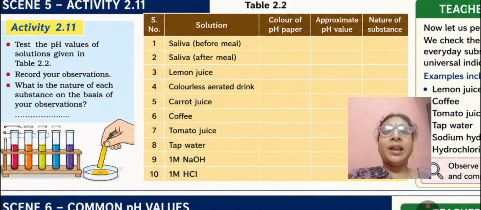Activity 2.11. Here we have to test the pH values of the solutions given in Table 2.2.